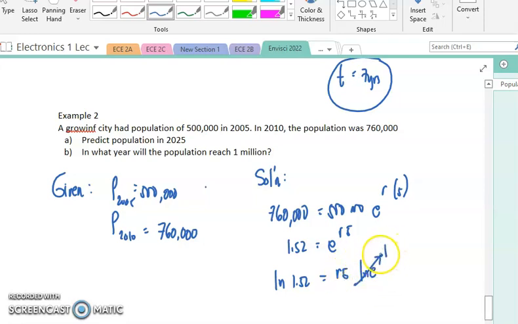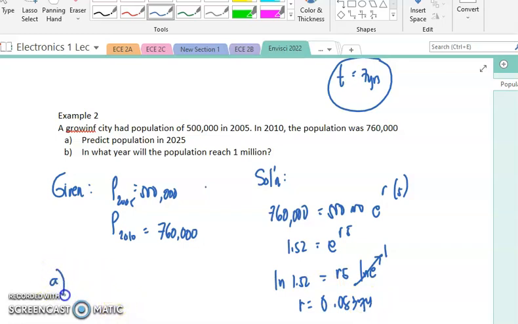This is equal to 1. Therefore, the value of r is simply equal to ln 1.52 divided by 5. So that's 0.08374. So your r now is simply equal to 0.08374.